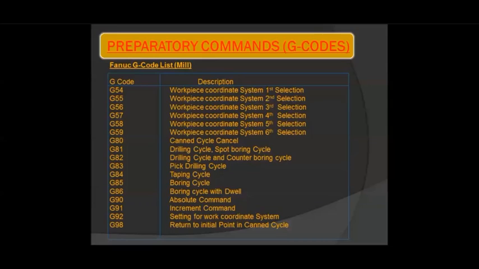G81 drilling cycle, spot boring cycle. G82 drilling cycle and counter boring cycle. G83 peck drilling cycle. G84 tapping cycle. G85 boring cycle. G86 boring cycle with dwell. G90 absolute command. G91 incremental command. G92 setting for work coordinate system. G98 return to initial point in canned cycle.